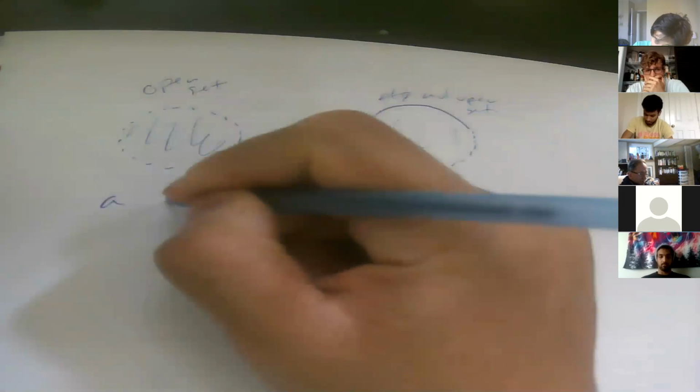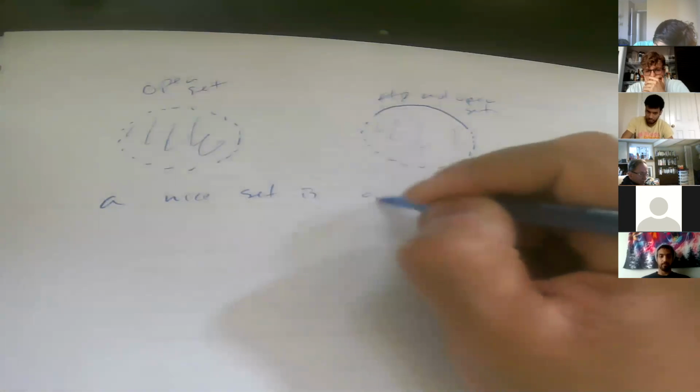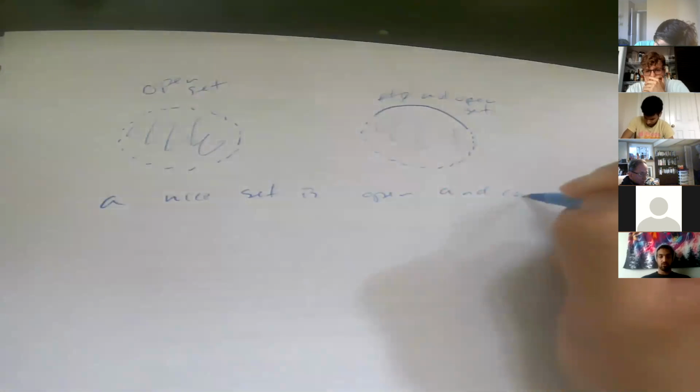I'm going to say that closed and open are not opposites in math. But an open set is just a set with no boundary. Okay? So what does a nice set mean here? A nice set is open and connected.